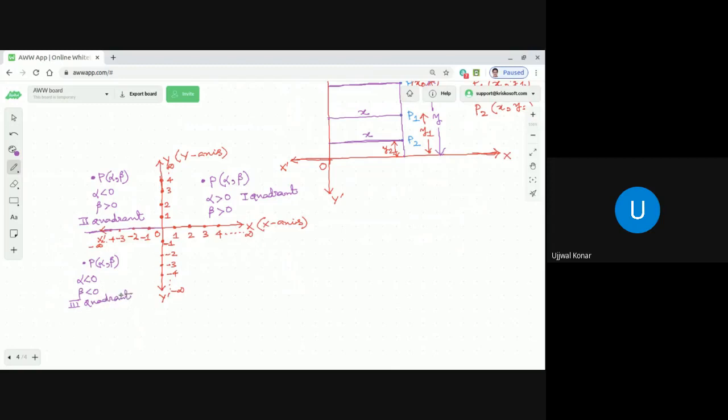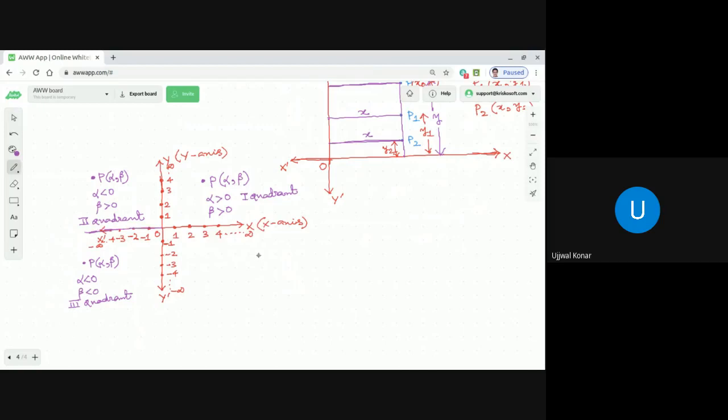And how are both alpha and beta less than 0? Because from the origin, I come towards the left of the x-axis, and after that I come down. Down means you are coming to the negative of the y-axis, below the x-axis, correct or not? So that is why here both are negative. Both the x coordinate and y coordinate are negative.